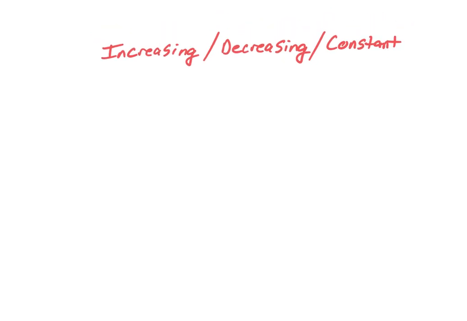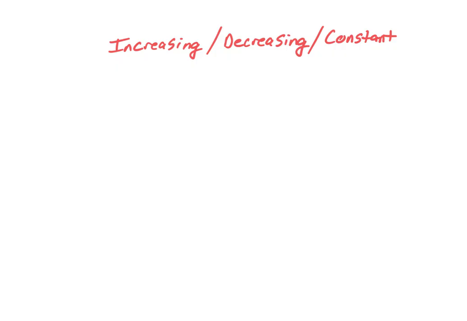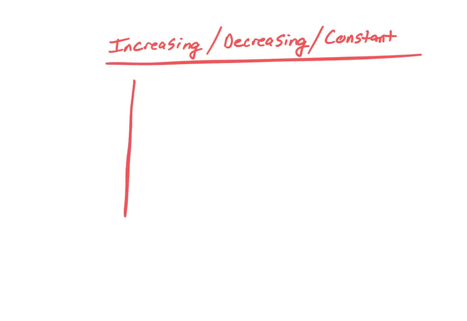If I had a linear equation that was rising forever, then that means it would always be increasing. It's going to increase from negative infinity to positive infinity. But not all graphs are going to do that. So some of the functions that we saw yesterday are going to have different times where they're going to increase, decrease, or be constant. And we haven't really talked about constant a whole lot yet, and I'll show you what that looks like. So here's the first one.